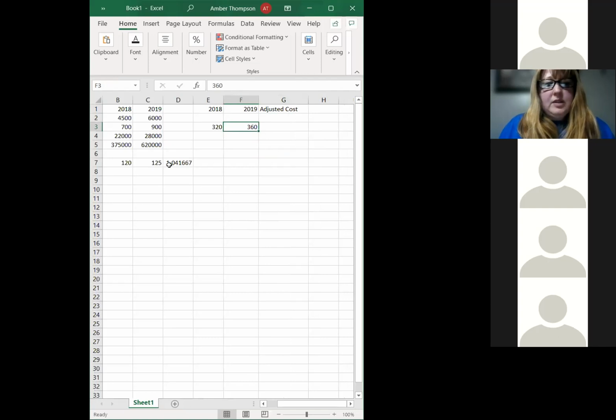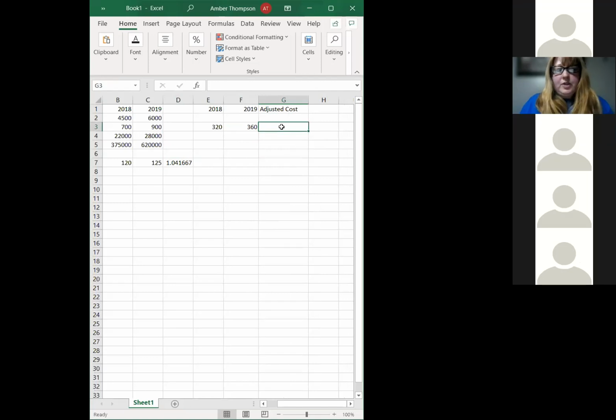So we times this number by the difference that we found. In the Excel, we do 360 times this factor here, which gives us, no, I'm sorry, it's not times, it's divided by.